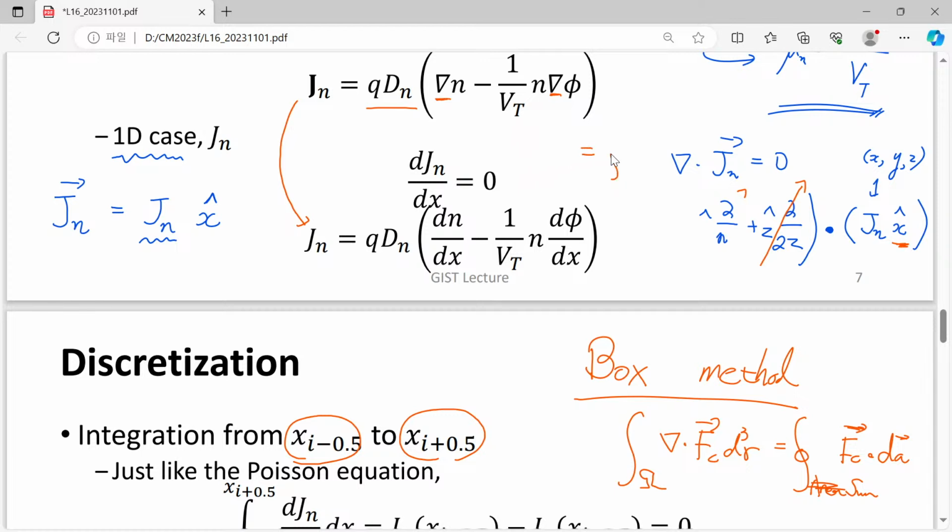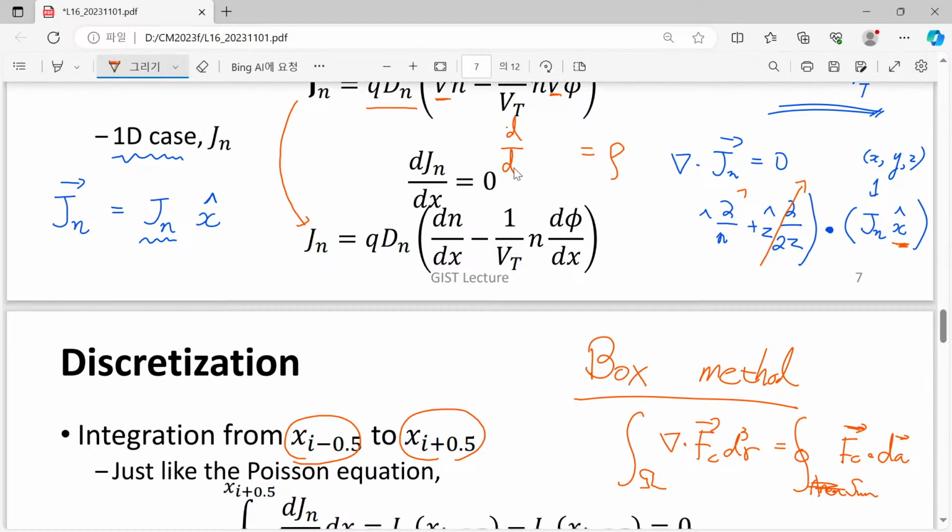It looks like this: rho and derivative of what? Derivative of our displacement, but that was written as minus. Yes, that was the form of our previous Poisson equation.